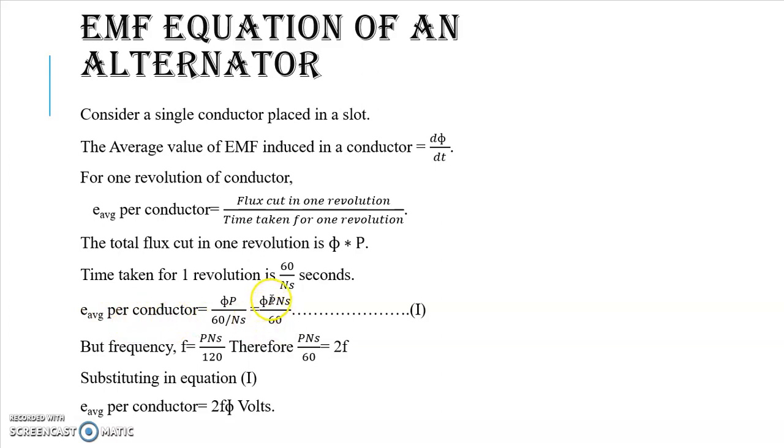By observing this equation, we come to know that the frequency F is equal to P Ns upon 120. So we can replace this P Ns upon 60 by 2F. So E average per conductor is equal to 2F and the remaining phi volts. So this is the average EMF per conductor.